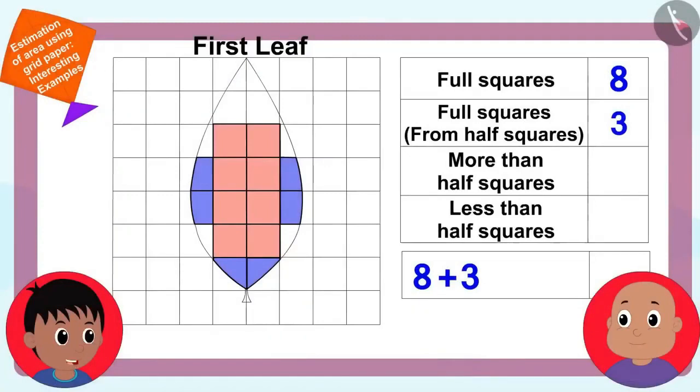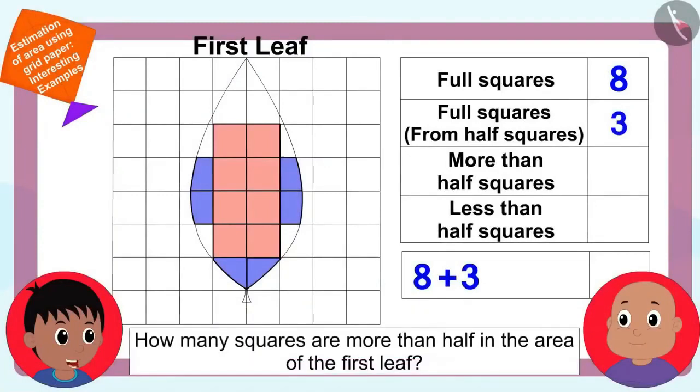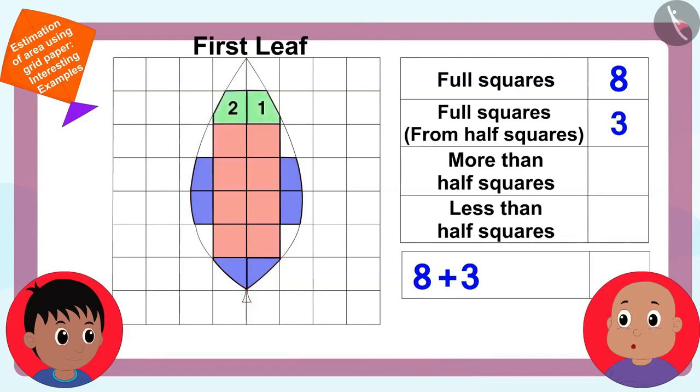And now, finally, can you tell me how many squares are more than half in the area of the first leaf? Raju asked. 2 squares, Bablu said excitedly. Absolutely right. We'll count them as full squares. Now Raju added 2 more to the number of full squares.